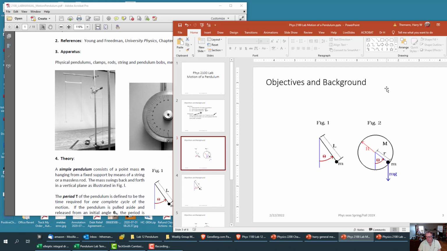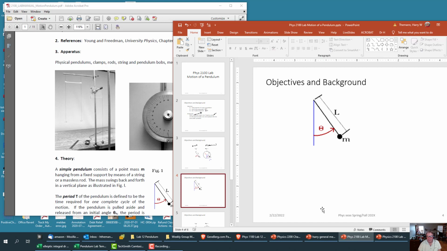So we can make schematic drawings of our two pendulums: the simple pendulum, which is like the grandfather clock, and the physical pendulum. We have a string, and we have some angle from some resting point if we just hang this down, also called the equilibrium point.